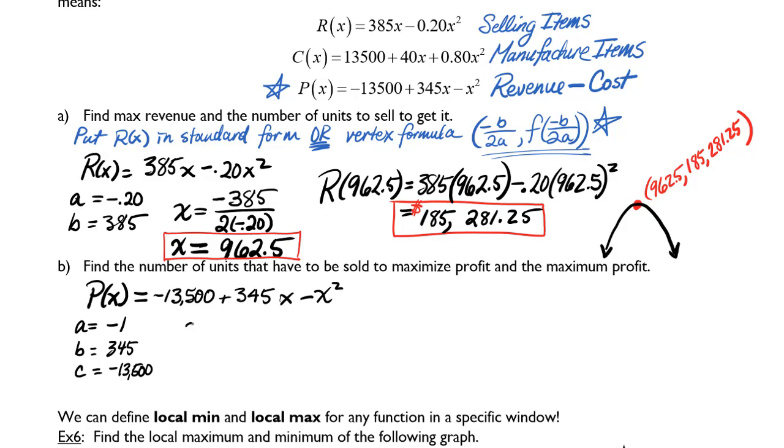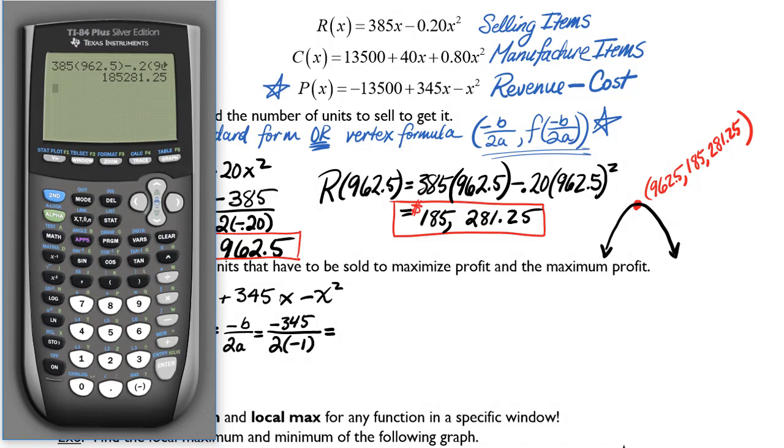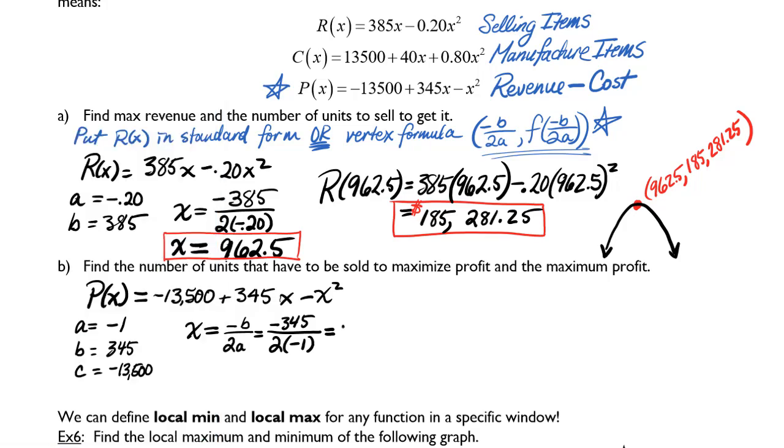Given my vertex, x is equal to negative b over 2a, which is equal to negative 345 over 2 times negative 1. And if I simplify that, negative divided by a negative is a positive, so 345 divided by 2 is 172.5.